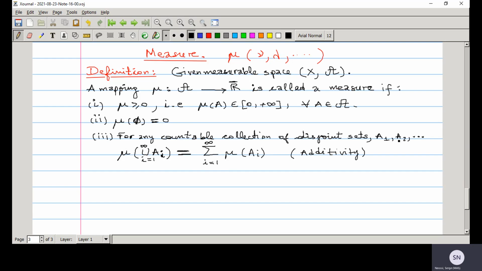Now, if the sets are not disjoint, this becomes less than or equal, and this will be called subadditivity, right?